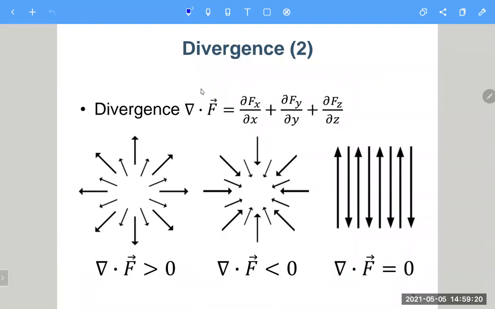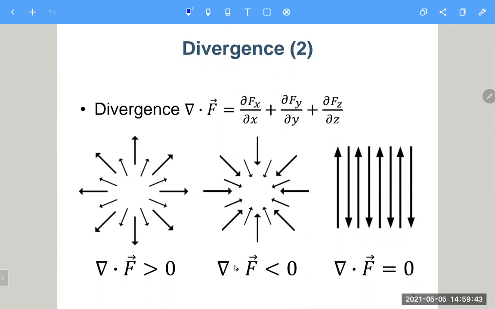And actually the physical meaning of the divergence is this: of course, F is a vector field. If the divergence of F is larger than 0 at some point, for example at this point, it means that this vector field is flowing outward.